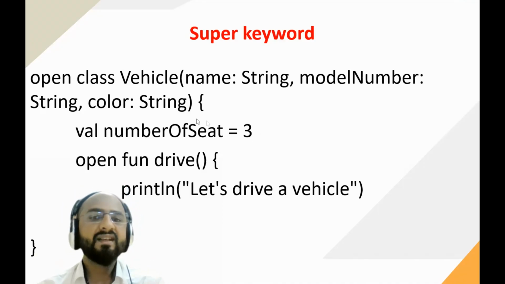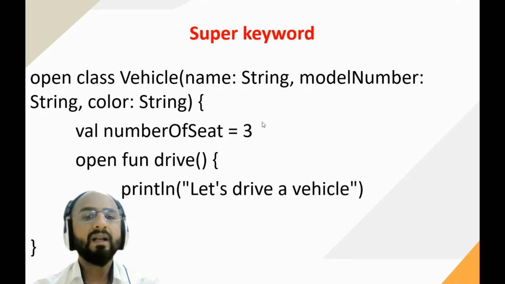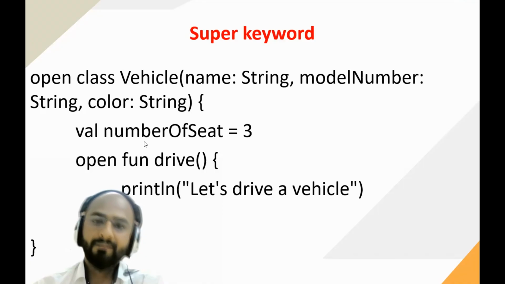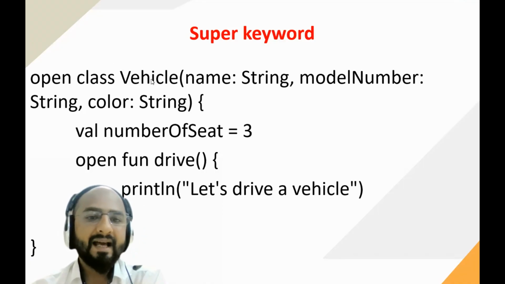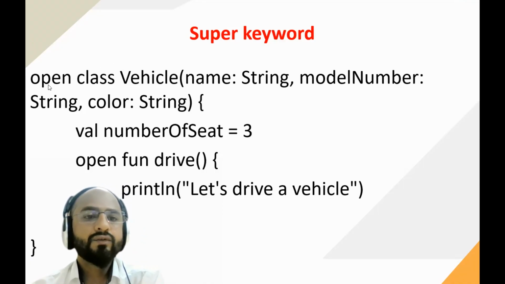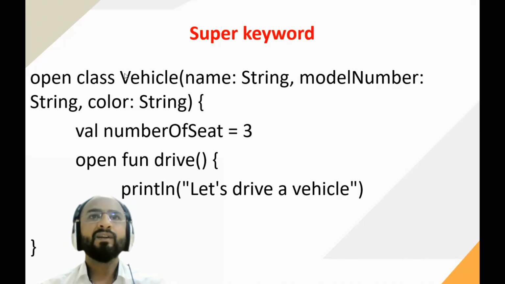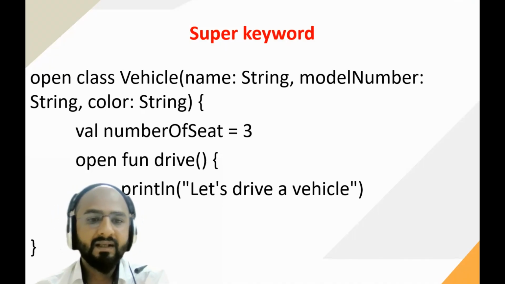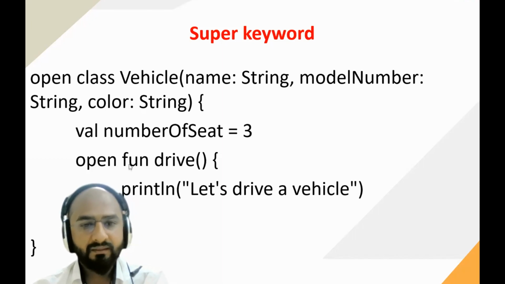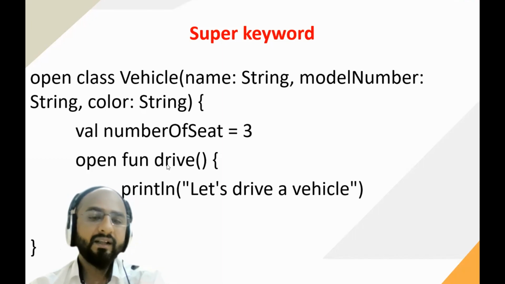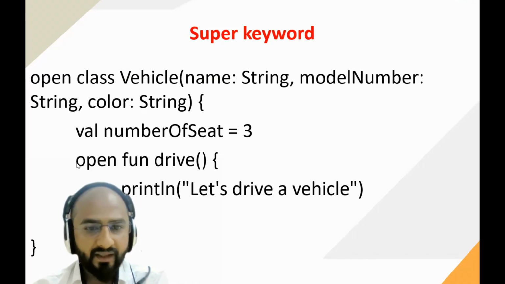So now you can see the Vehicle class has 4 properties: name, model number, color, and number of seats. And this Vehicle class is an open class. So when you make it open, you can inherit the class into another class. And there is a function over here, function drive. But you can see I have written open over here also.